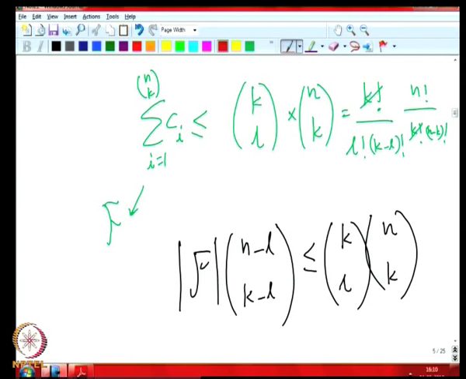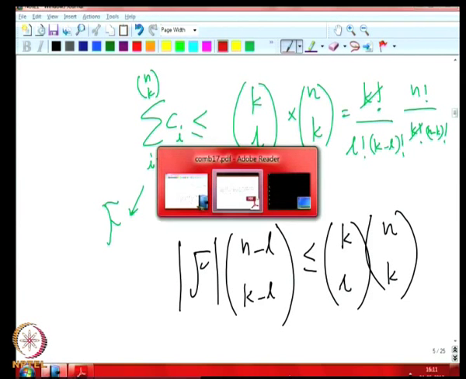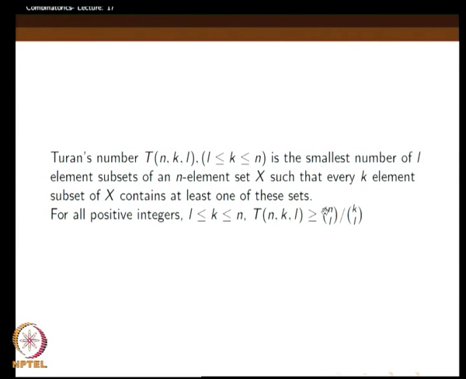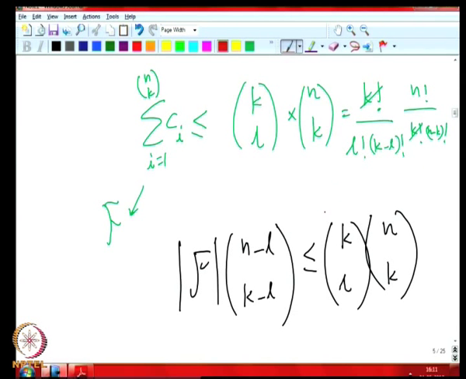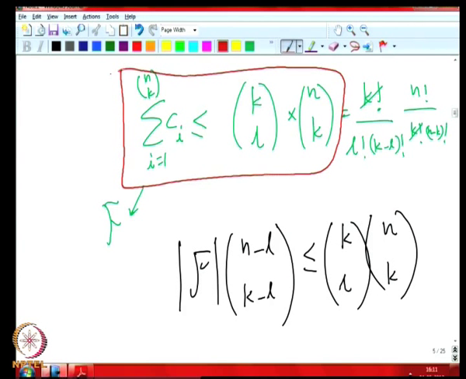What I did is I made a mistake, because we wanted to show a lower bound and I went for an upper bound. In fact I have to take a lower bound here. But this is not true here.